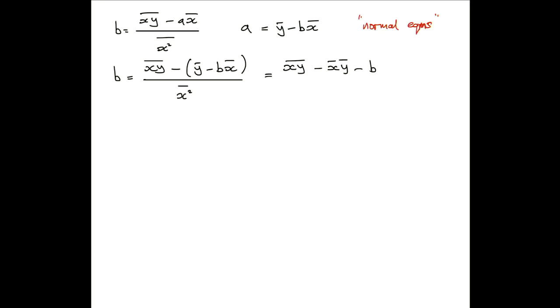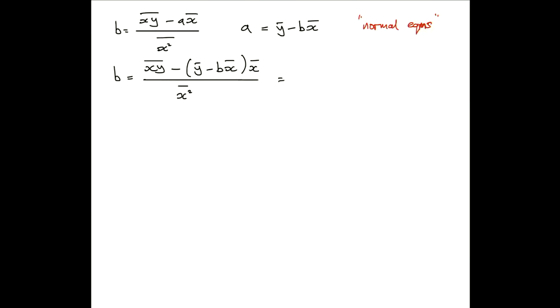Hang on a sec. Yeah, sorry, I made a mistake here. Just give me a sec. So I think this is what people were telling me. We've got x bar here, right? Okay, that's what the mistake was.